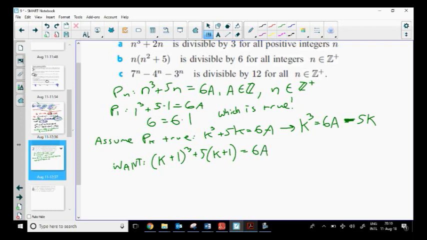I'm going to have to be careful, because this might not look like this in my work. It might actually be expanded. I might have to look for (k plus 1) cubed, or for 5k plus 5, in my work. It's not necessarily going to look like this until I algebraically manipulate it to look like that.